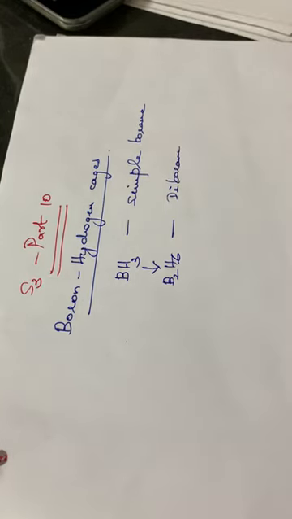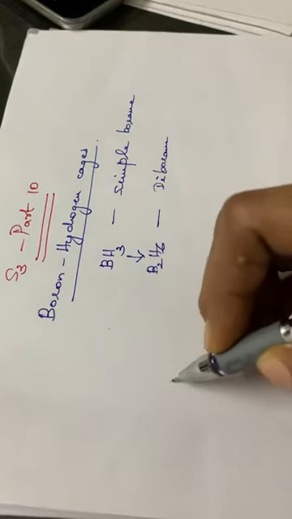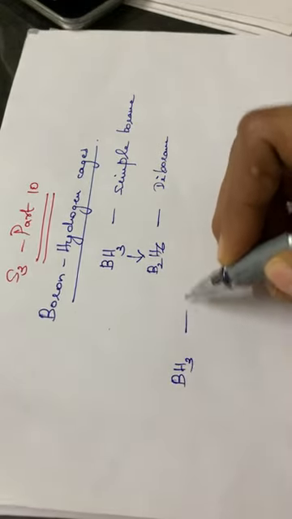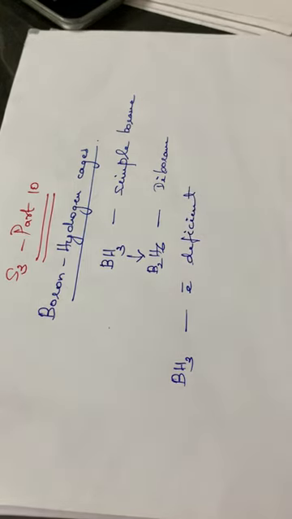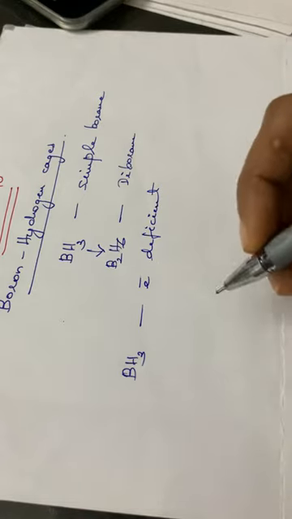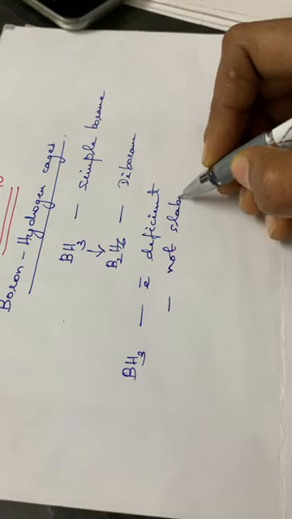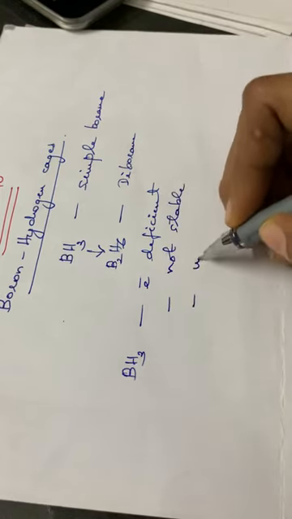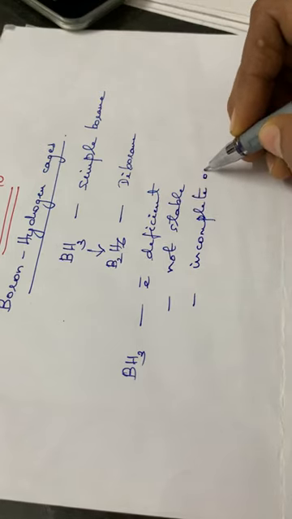And also see here, in the case of this BH3 molecule, it is an electron deficient molecule. It has got an incomplete octet, and hence it is not stable.